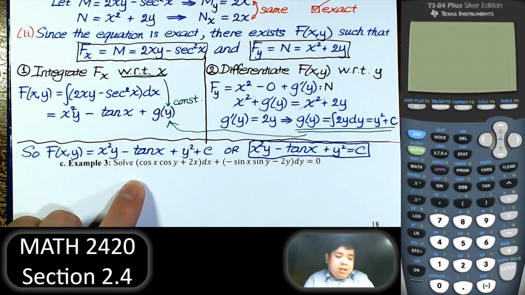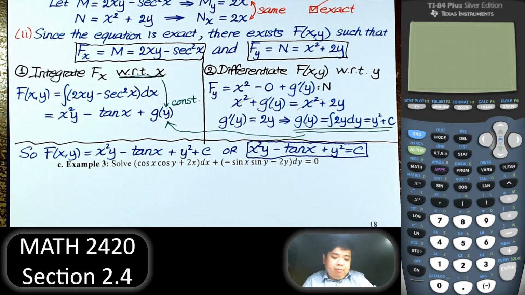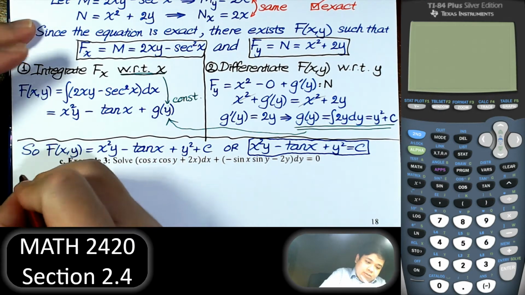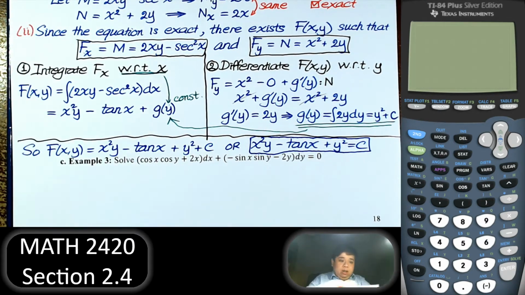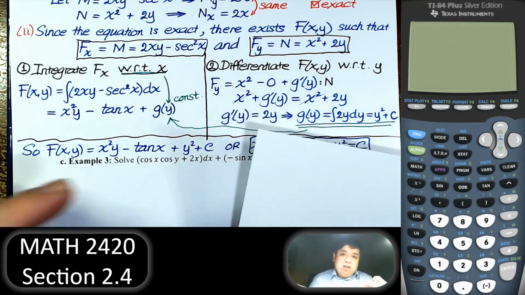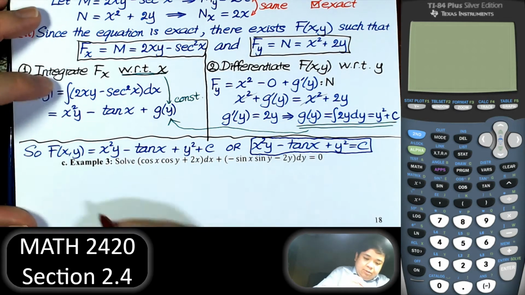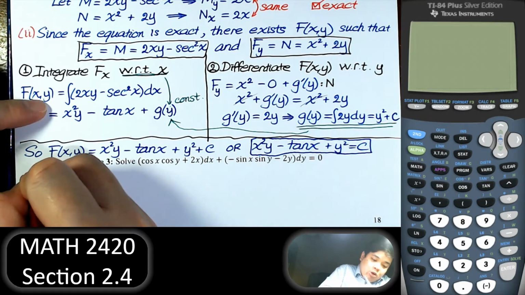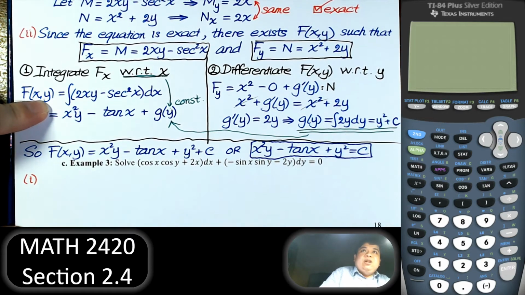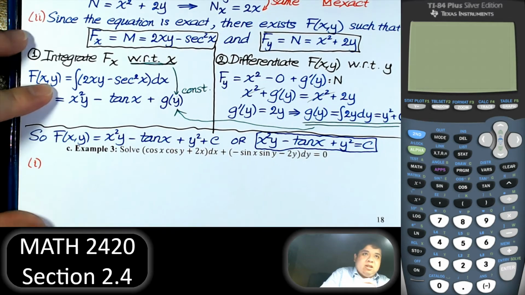Right, next, solve this equation. And once again, the first step is check for exactness. And after we check for exactness, we continue the solution on the next page. If it is exact, we solve it. So first, check for exactness.